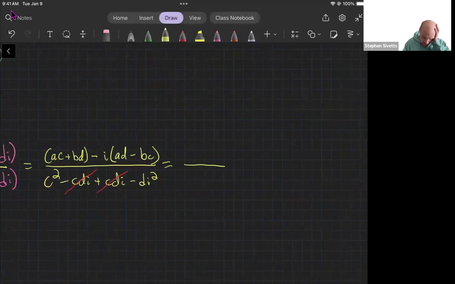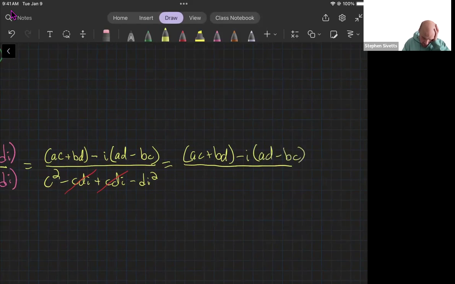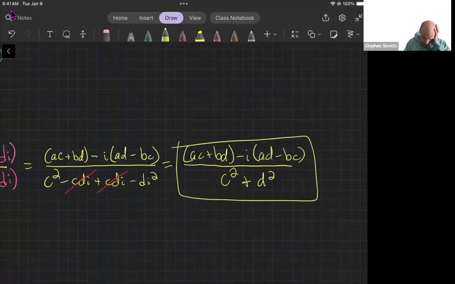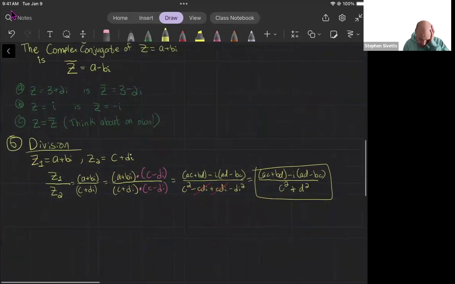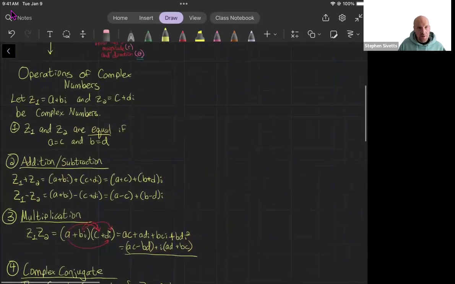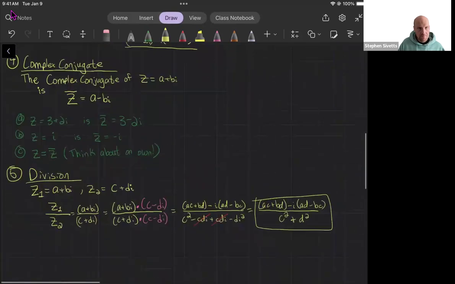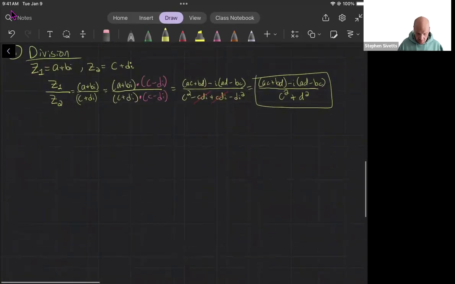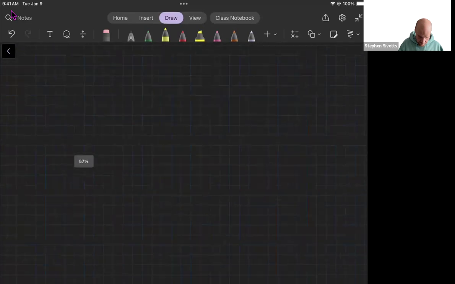And this would give us AC plus BD minus I times AD minus BC over C squared plus D squared, since I squared is -1. So that is the division rule for two complex numbers. And these are the various operations on complex numbers. Hopefully that made sense. Let's go over some examples.